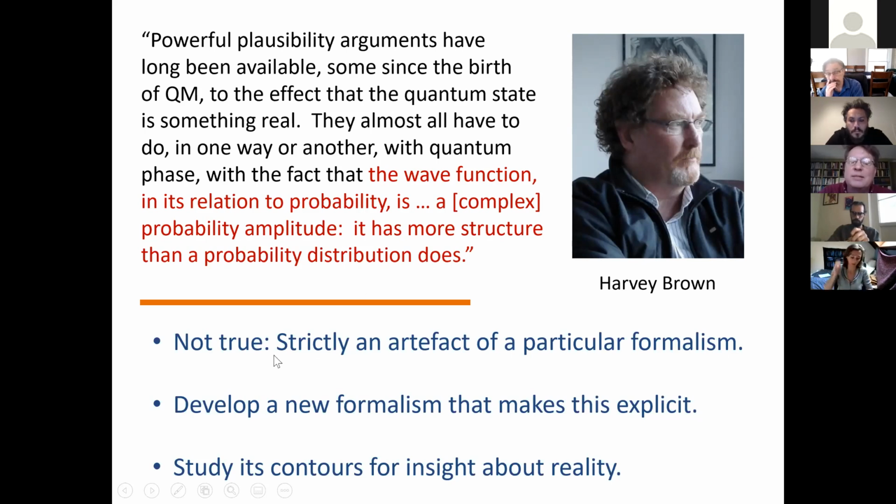What I'm going to argue is that's just simply not true. What Harvey is speaking about is an artifact of a particular formalism. And if you find a new formalism, you can get rid of the complex amplitudes. And in fact, you can get a formalism that's only in terms of probabilities. So the argument that a quantum state has more structure based on complex numbers doesn't cut it.